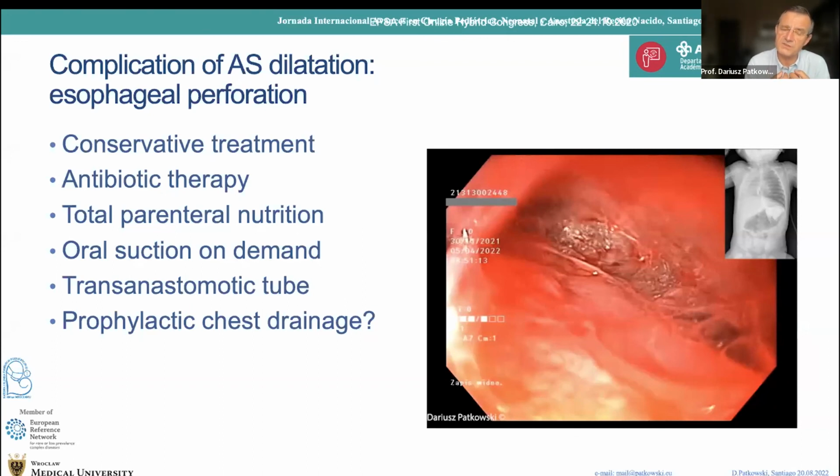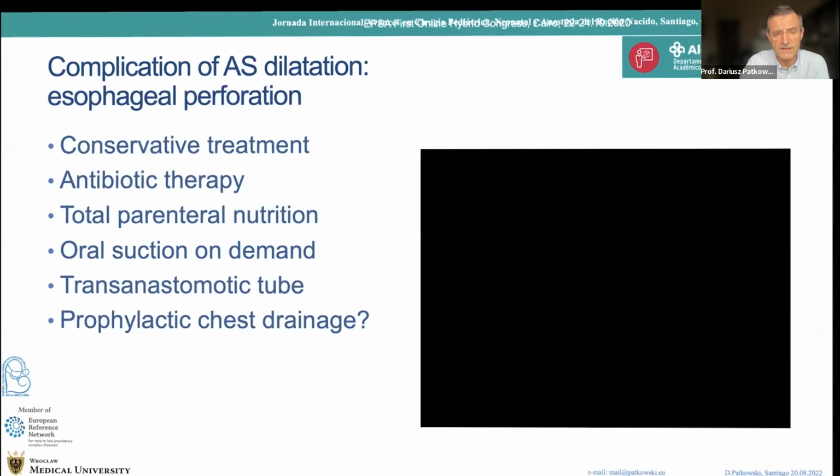So this is what we do at our department: oral suction on demand, always an anastomotic tube, and prophylactic chest drainage only if we have any pneumothorax or any liquid.